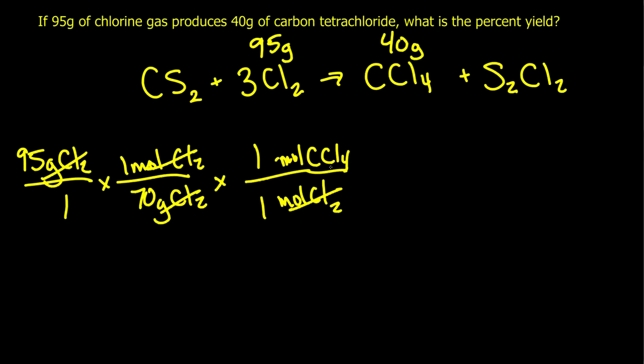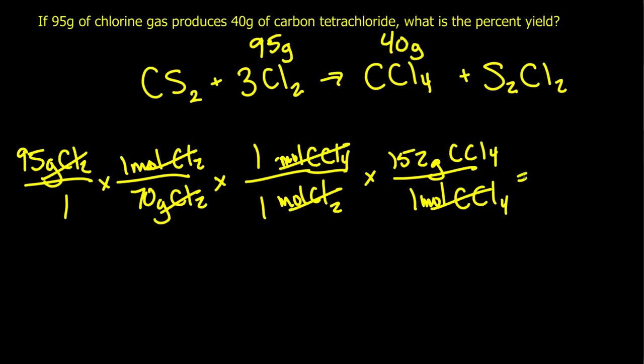Once I got moles of carbon tetrachloride, I got to change that to grams. So 1 mole carbon tetrachloride is how many grams? Well, let's add that up real quick. Chlorine is 35. There's 4 of them. Plus 12 for carbon gives me 152 grams.